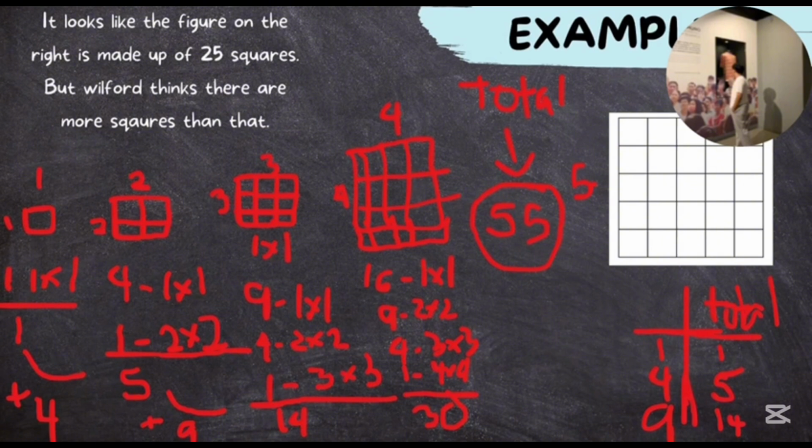Next is 3 by 3. Titignan mo ulit kung ilan ng 3 by 3 equals to 4. Tapos, next, yung kabuuan. Always last yung kabuuan para madali. So, ilan ang 4 by 4? 1. So, in total ulit, 16 plus 9 plus 4 plus 1 equals to 30.